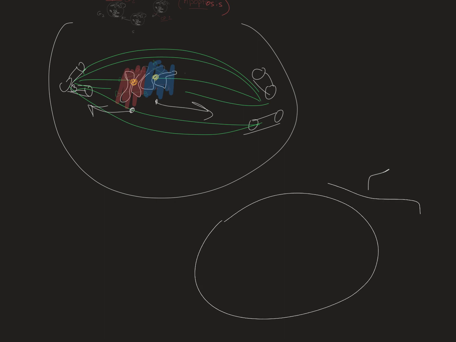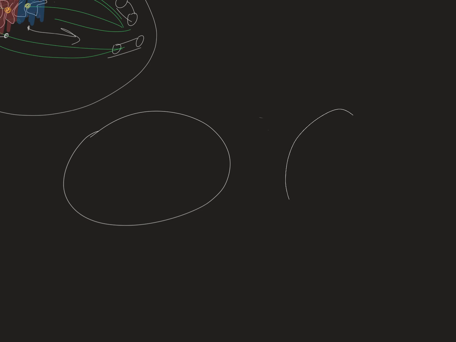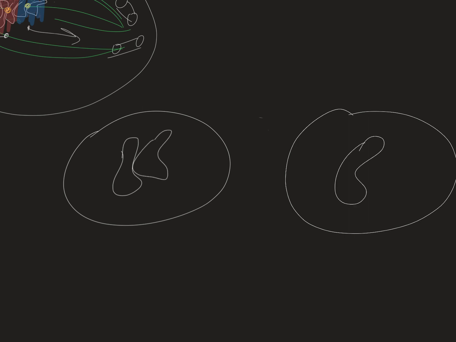Think about what you're going to end up with because you did this. At the end of the first cytokinesis, what you get is this pair of chromosomes that went through crossing over, correct?